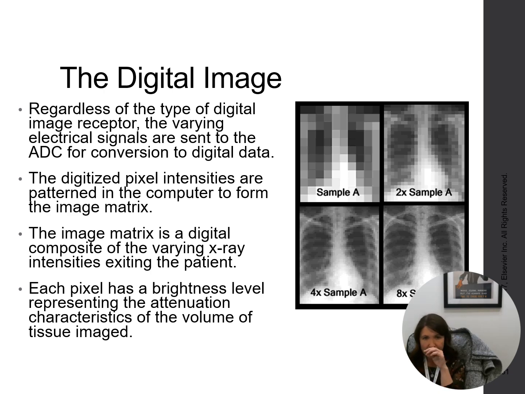Okay, the digital image, so this is going to be a lot of review. I might go a little bit more quickly through here, but regardless of what type of digital image receptor you're using, whether it be CR, DR, indirect DR, all of them, if they're digital, are going to be only as good as their spatial resolution, which is dependent on their pixel size. All three of them, as soon as you have gotten them to the point of an electrical signal, have to use an analog to digital converter.